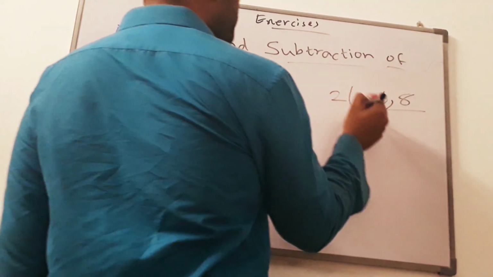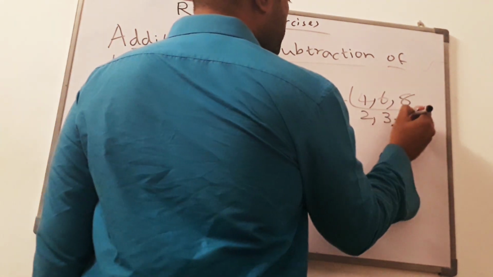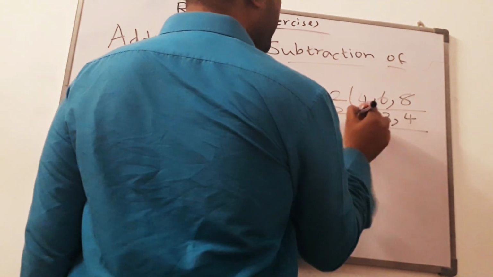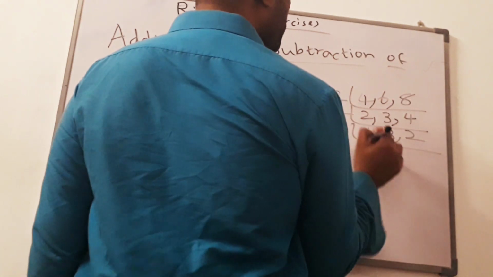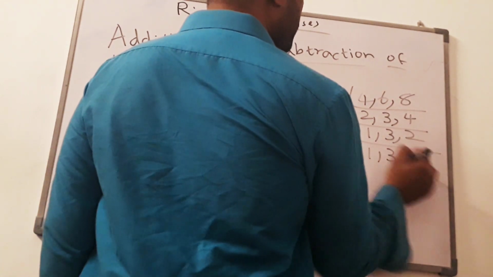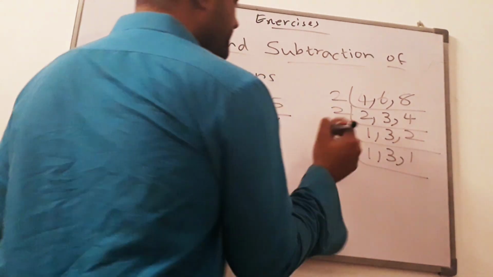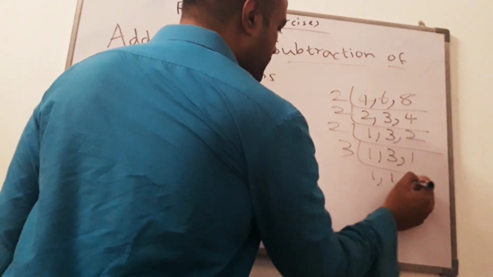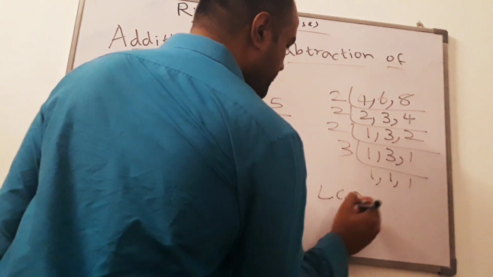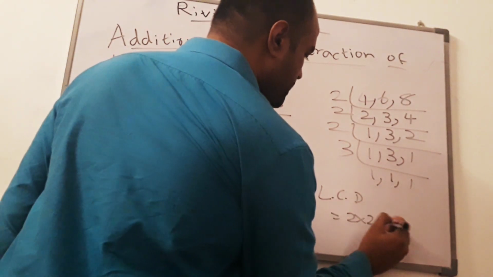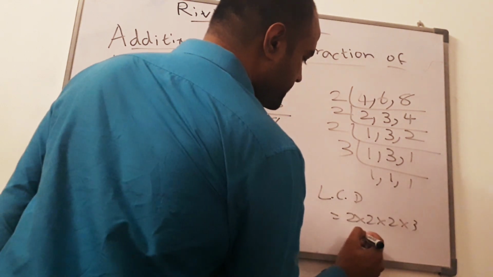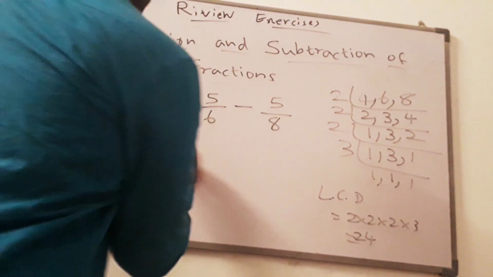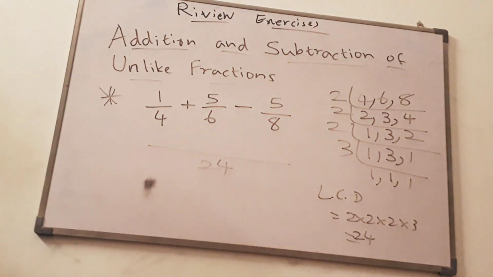We divide all by 2: 2, 3, 4, yet again by 2: 1, 3, 2, again by 2: 1, 3, 1, then by 3, the next prime factor: 1, 1, 1. So our least common denominator is 2 times 2 times 2 times 3. 2 times 2 is 4, 4 times 2 is 8, 8 times 3 is 24. So our least common denominator is 24.